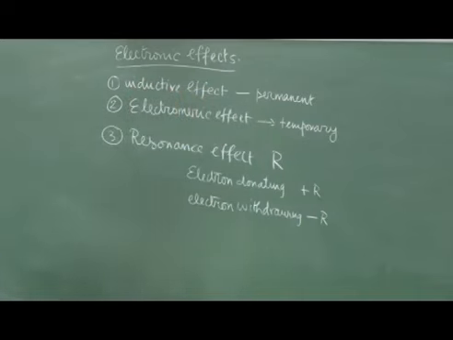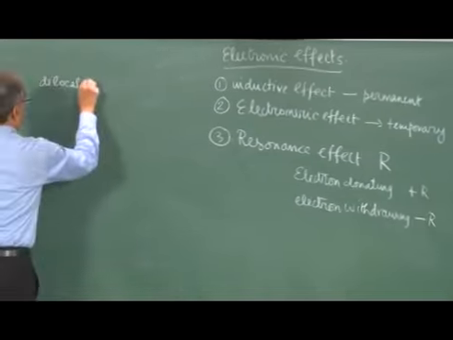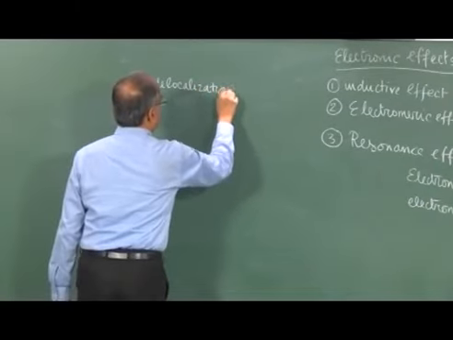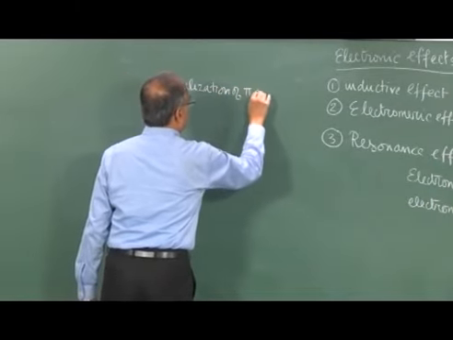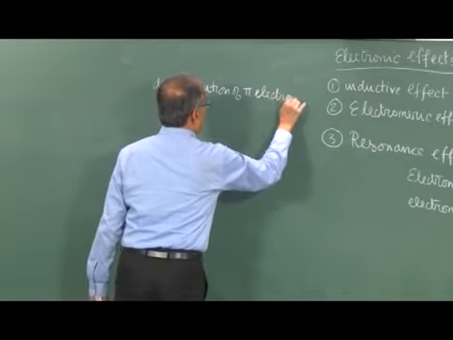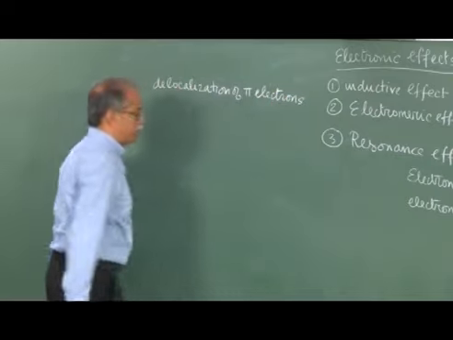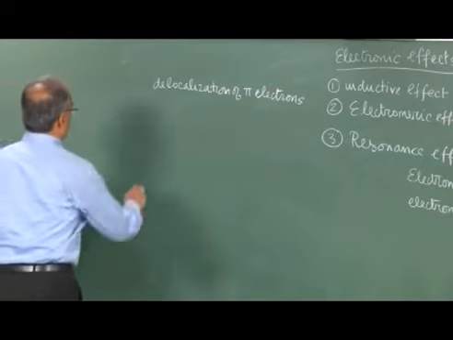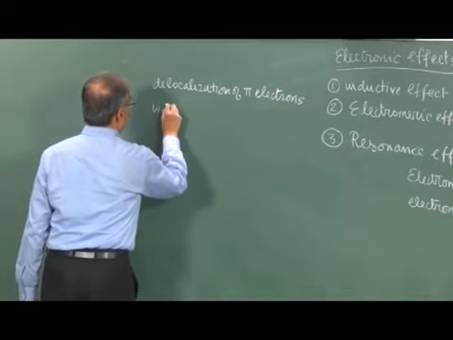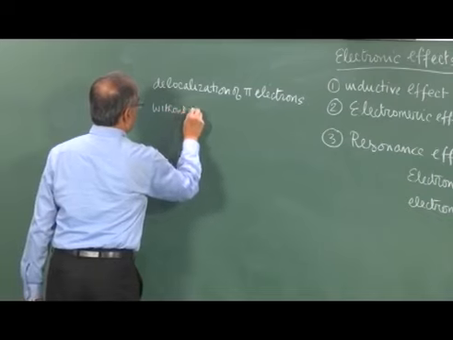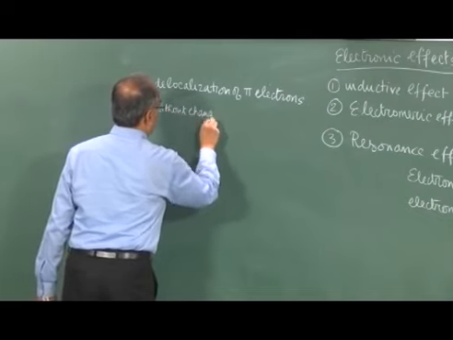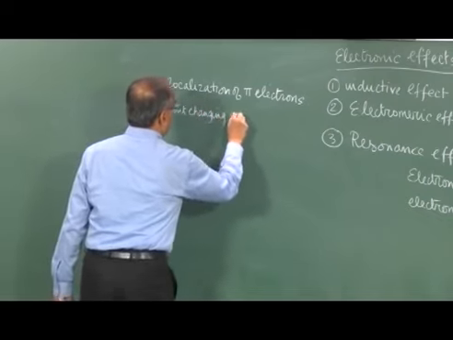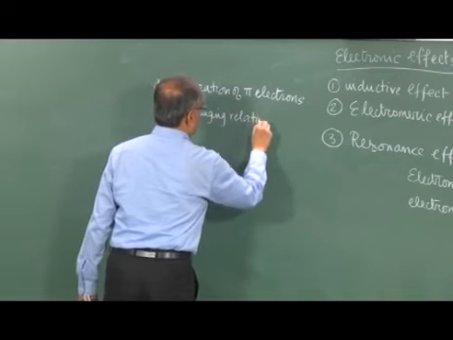Now, what is resonance? Resonance is essentially delocalization of electrons, particularly of the pi electrons, without changing relative positions of the atoms.